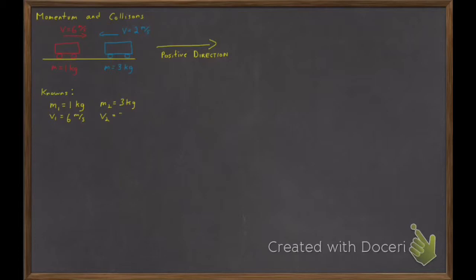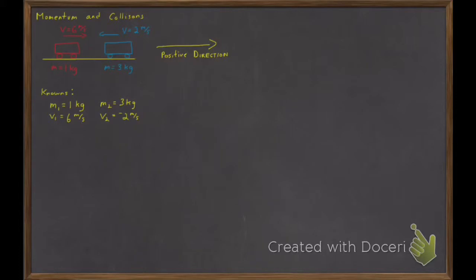So that negative means that the velocity is going to the left, just like the blue arrow denotes in the illustration on the top. So we have a negative 2 meters per second. That's saying that the velocity of the blue cart is going 2 meters per second to the left. The negative means to the left, the positive means to the right.